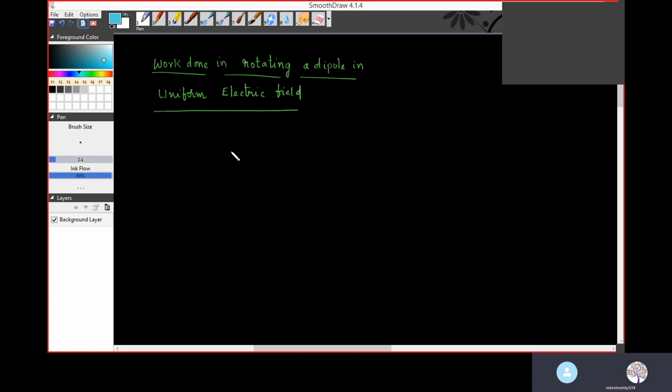Now I'll consider a uniform electric field. The straight, equidistant lines denote a uniform electric field. In this uniform electric field, I will change the angle. Say initially the dipole is like this. This is minus q and this is plus q.